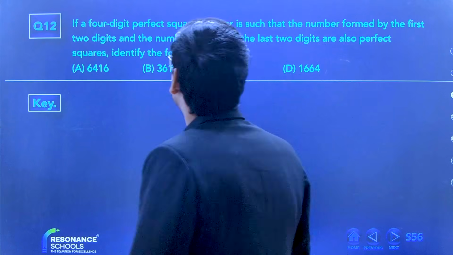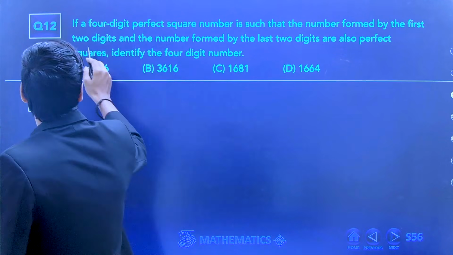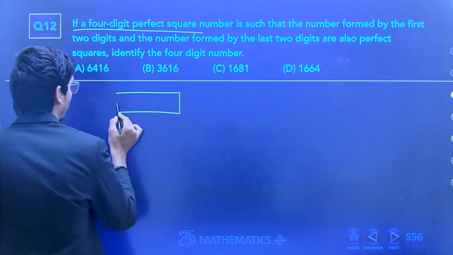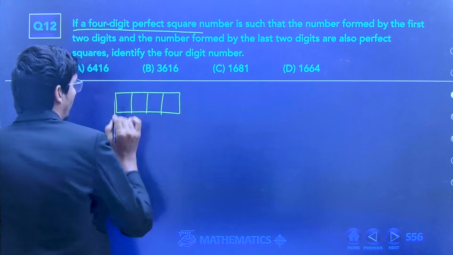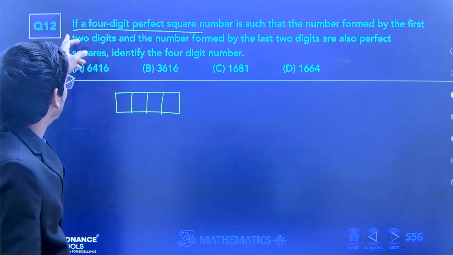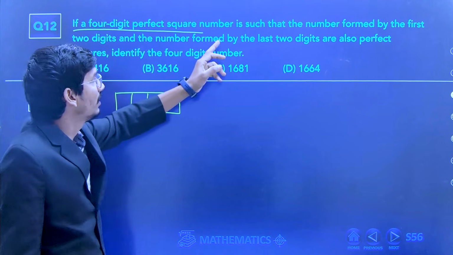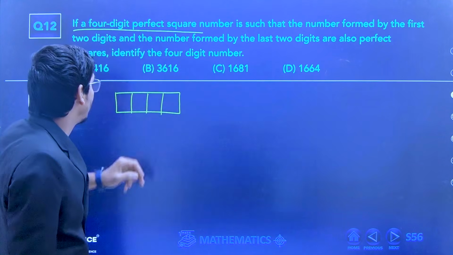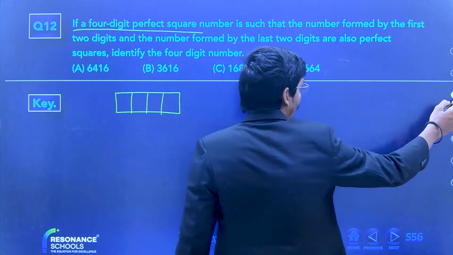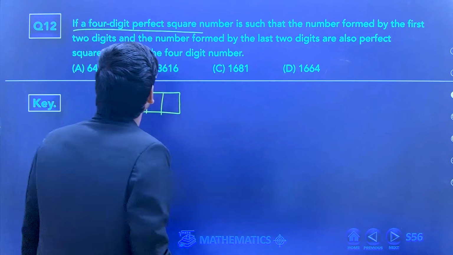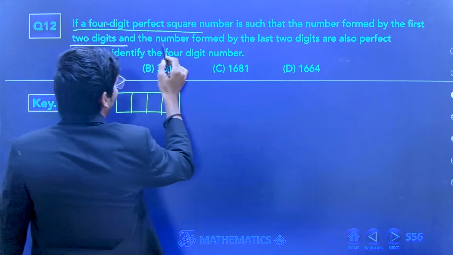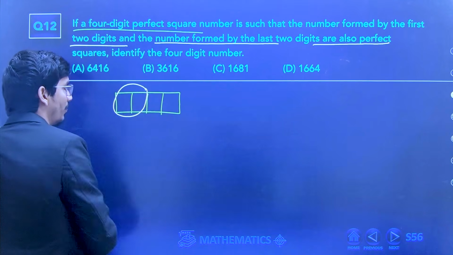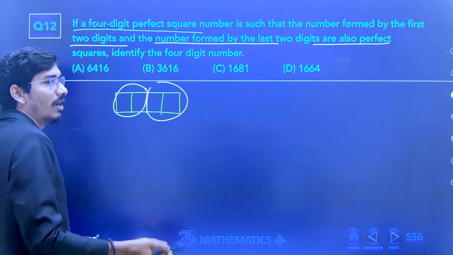So first of all, according to the question, this is a four-digit number. The four-digit perfect square number is such that the number formed by the first two digits and the number formed by the last two digits are also perfect squares. It means these two numbers are perfect squares, and the combined number is also a perfect square.